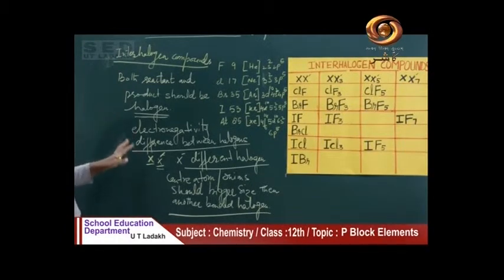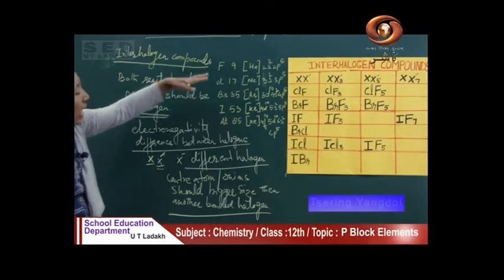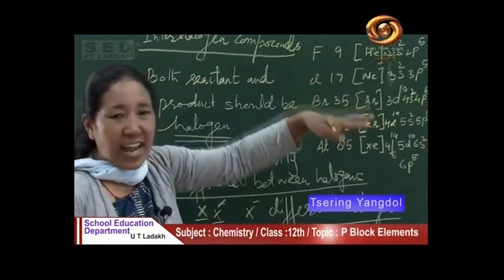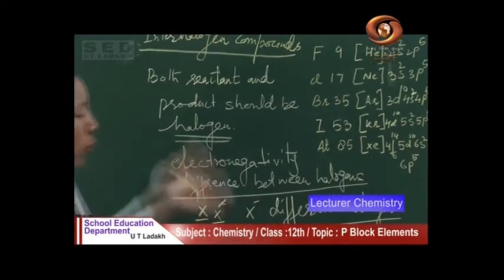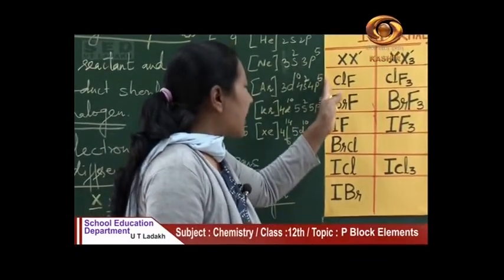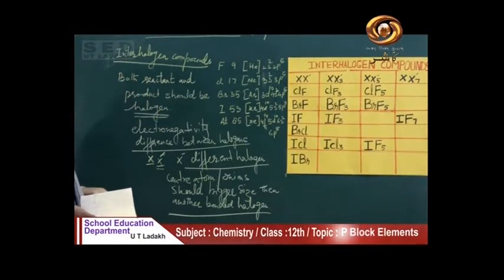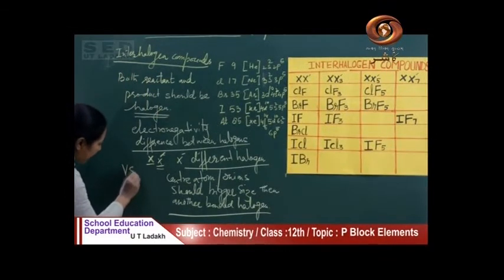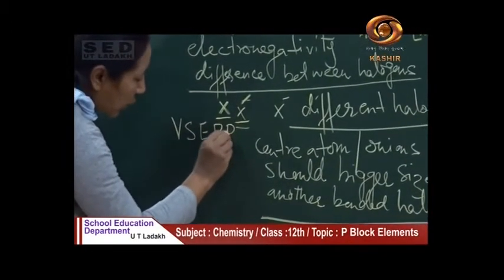In the case of interhalogen compounds, they have different structural arrangements, and we can expect that their structure is actual as well as distorted according to valence shell electron pair repulsion theory.